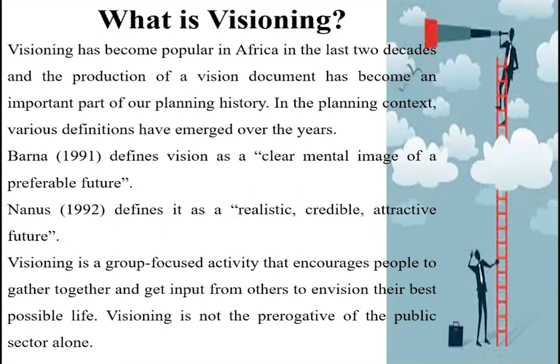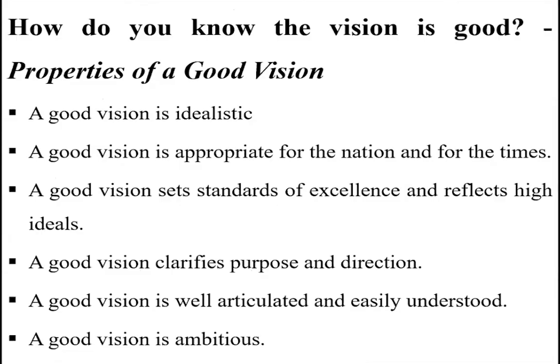And we're saying that this is not to be done by maybe a public sector organization alone. When you are doing a national vision, you need to know certain things, the properties of this, and you need to involve multiple stakeholders.